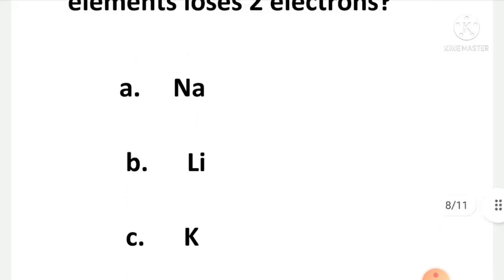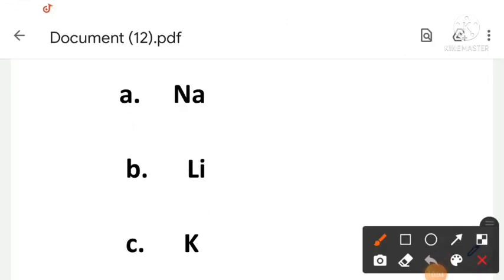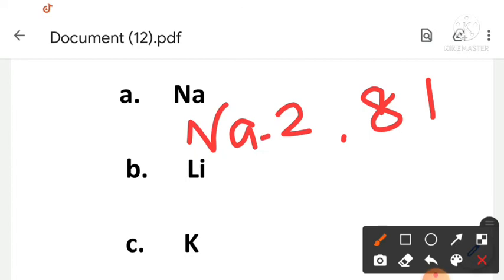So first you have to derive the electronic configuration, then see chemically how many electrons are lost by each element. For sodium, 2, 8, 1. The outermost shell is 1, so it loses 1 electron, and we know that the outermost shell always loses its electron. So here sodium releases 1 electron.